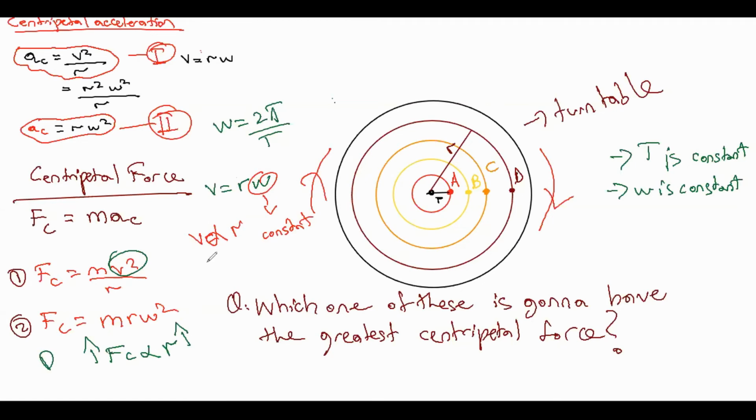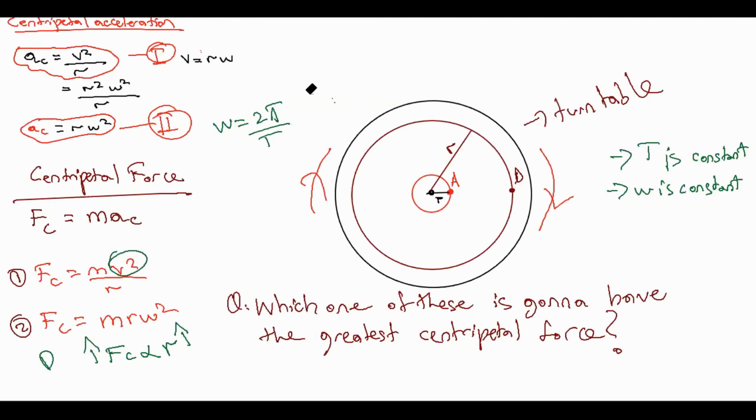So by this logic, I can say that A has lesser velocity as compared to D. Now, for a second, let me erase C and B just so I can compare them. So the answer is D, all right?